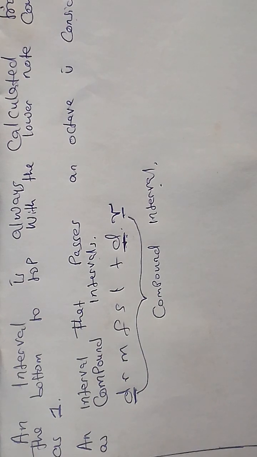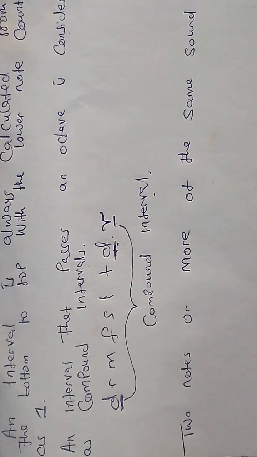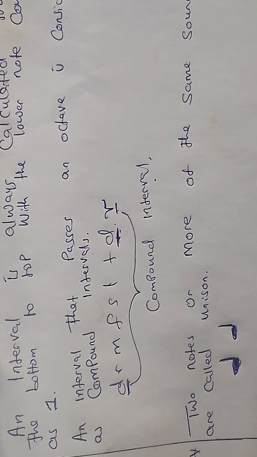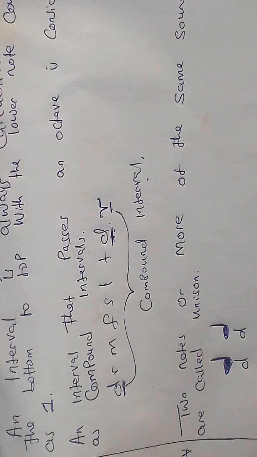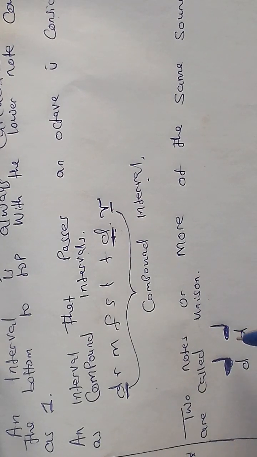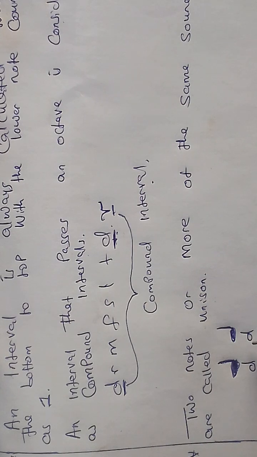Two notes or more of the same sound are called unison. See, for example, we have 2 crotchets as shown on the screen, and the sound for the crotchet is the leading note, do. This one would sound do, do. And we would say the 2 notes are in unison.